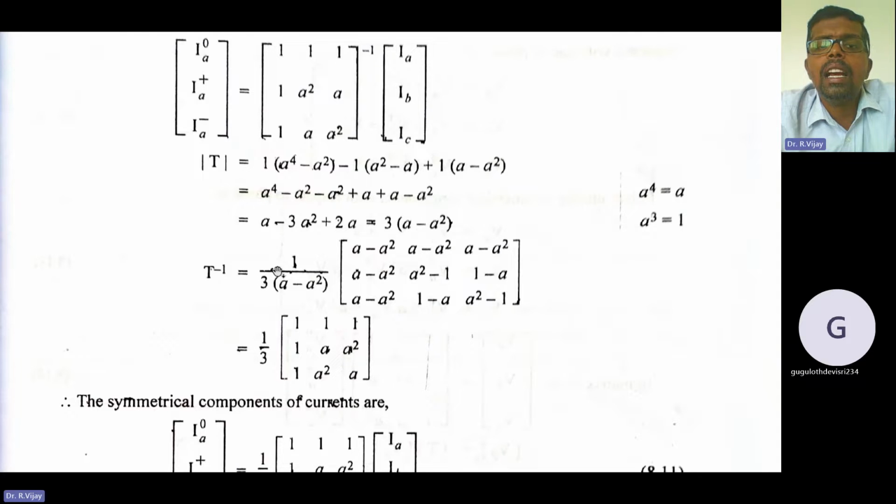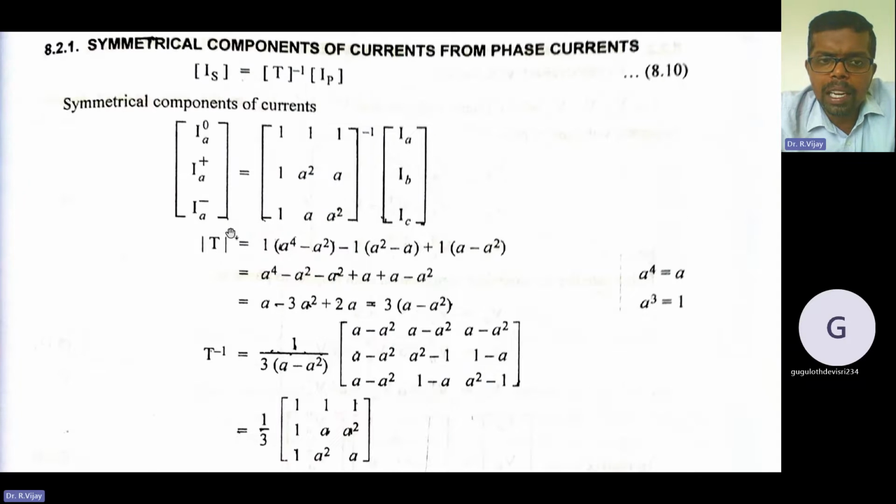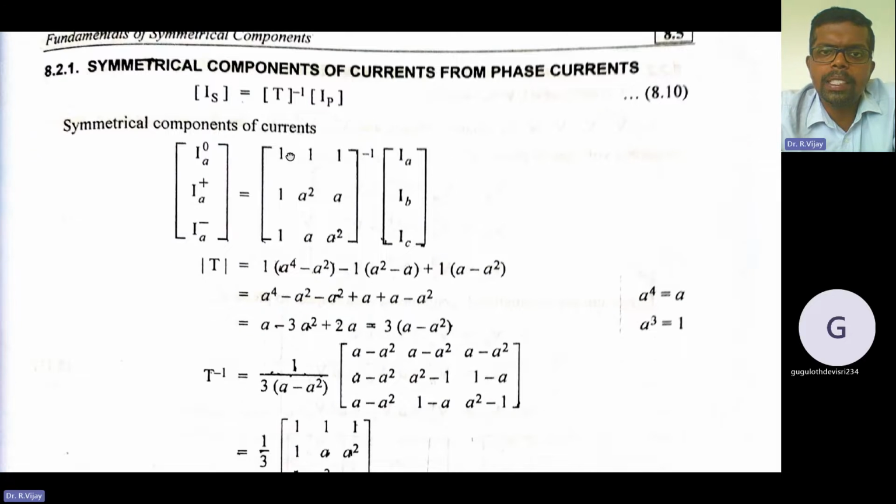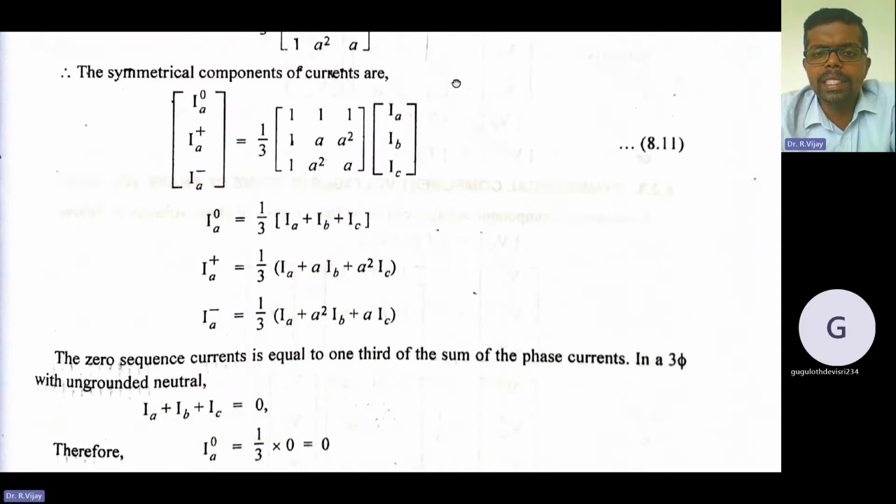Here you need to calculate the modulus of T and T inverse, then substitute and derive, and write the final answer. Don't write "similarly." We do it for symmetrical components because voltage alone might be asked in the exam, so at that time you need to derive all these things here also.